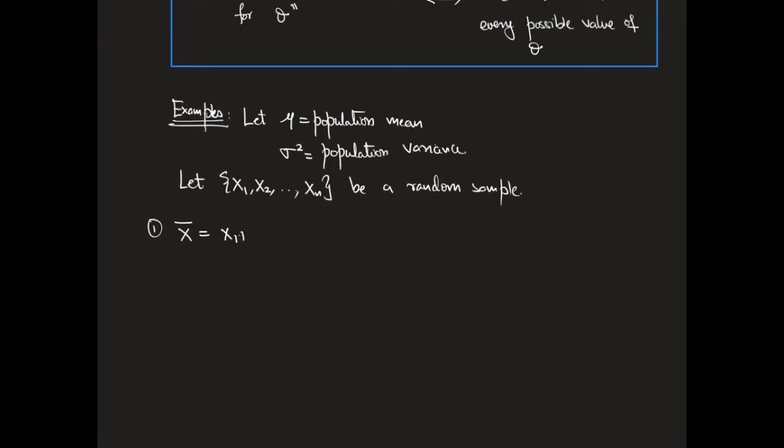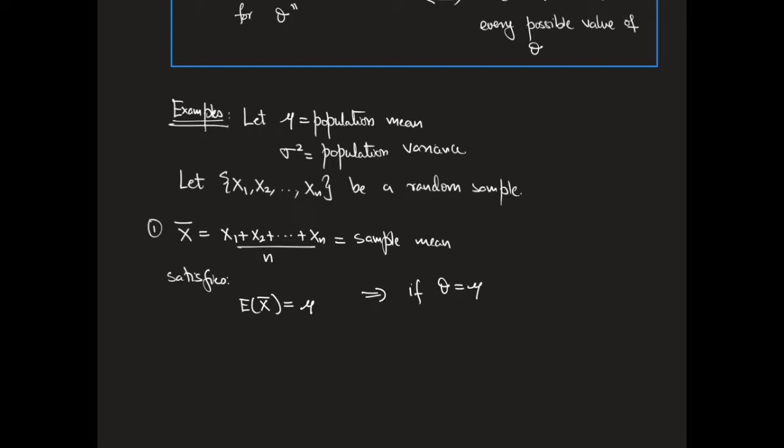Recall that the sample mean is defined as the sum of all the Xi's divided by n, and it satisfies the property that the expected value of X bar equals mu, which tells us that if our parameter of choice was the population mean and our estimator was the sample mean, then the expected value of the sample mean equals the population parameter for all choices of population parameter. This means that the sample mean is an unbiased estimator for the population mean mu.